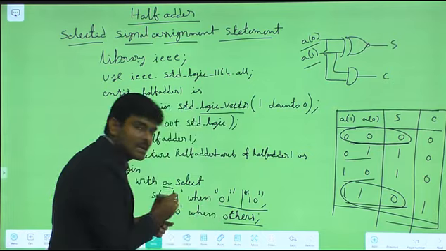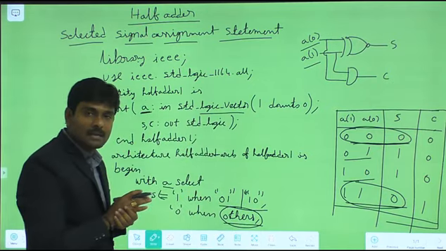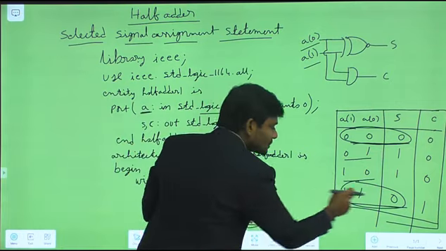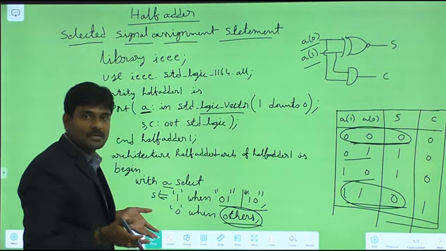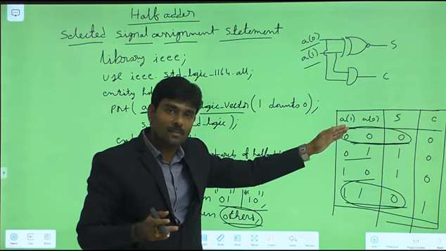Two combinations are covered over here, and the remaining all will be covered by others. Even if you write 0 when 0 0, 1 1, it does not cover all combinations. As per this truth table we can cover only the 4 combinations.